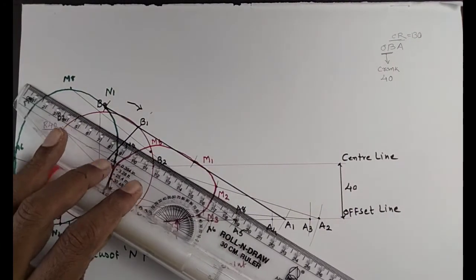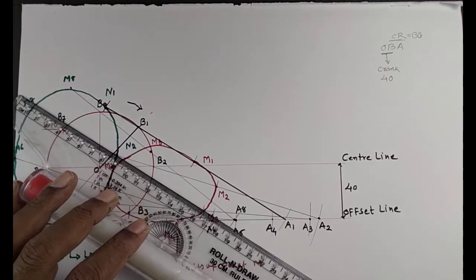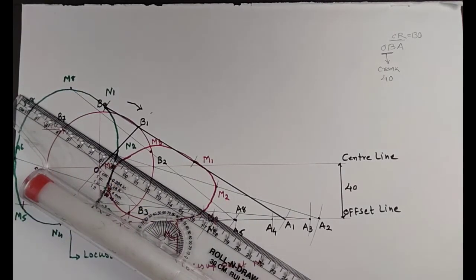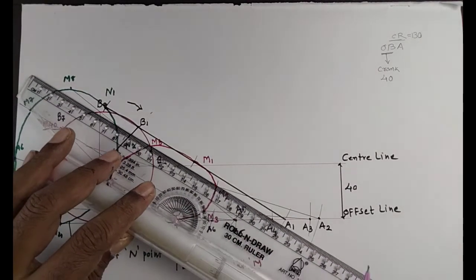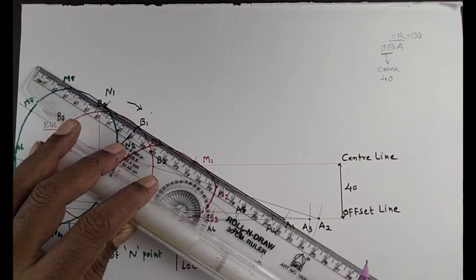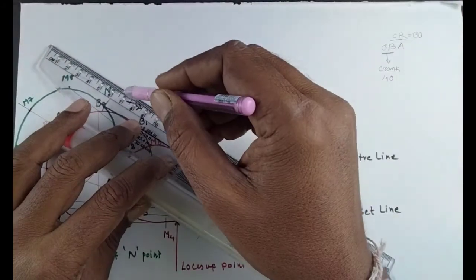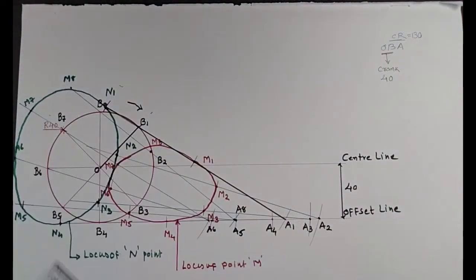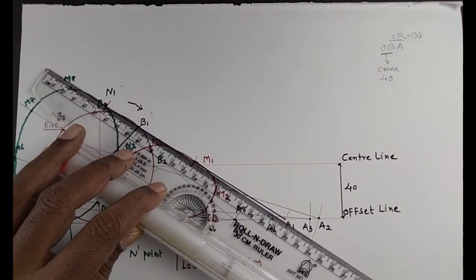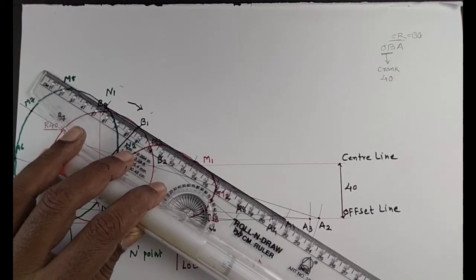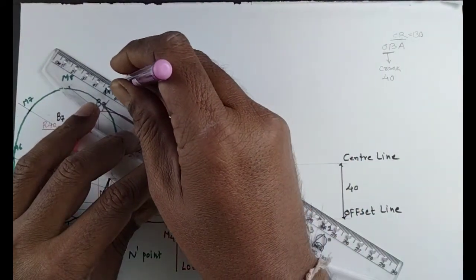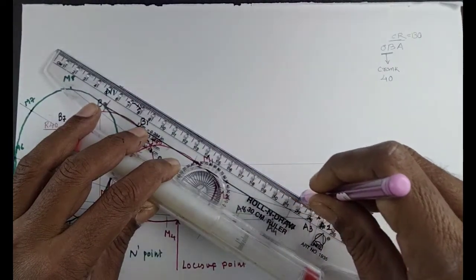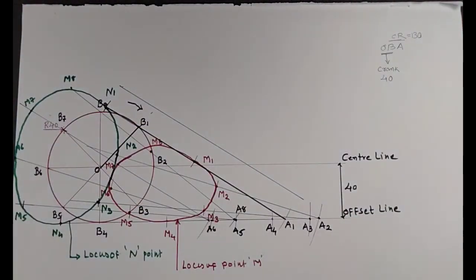Then you can draw the dimensioning lines for representation of your dimensions. First I draw the line parallel to our first crank position outside of the figure.